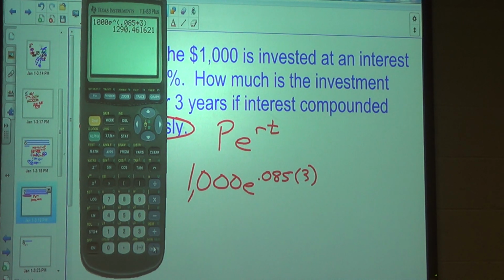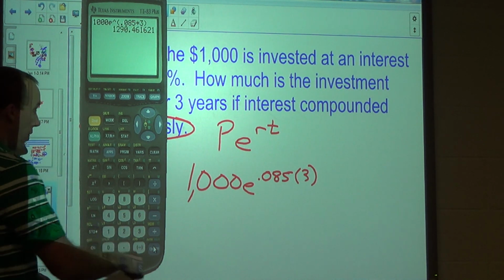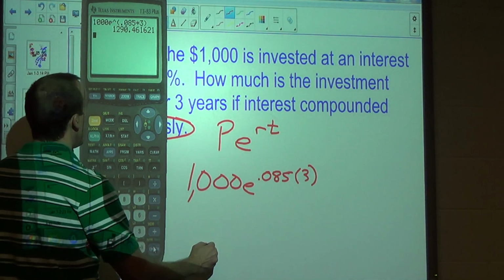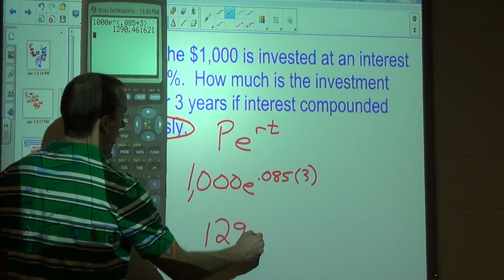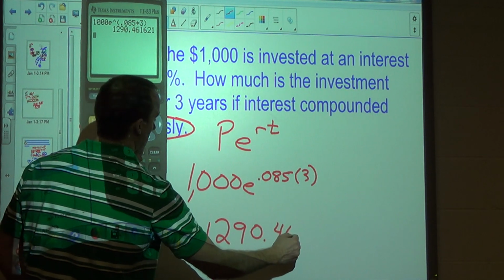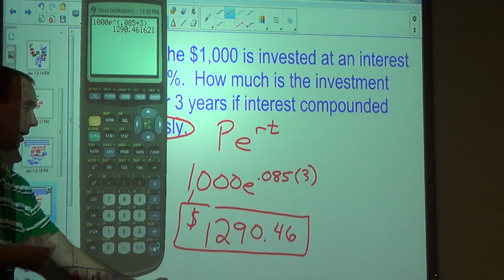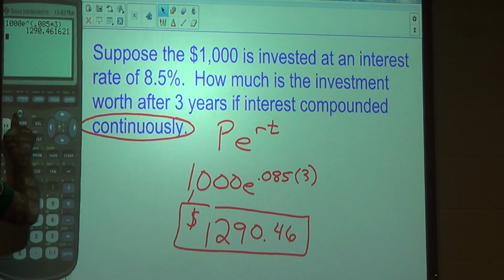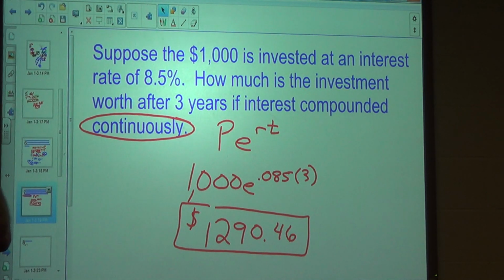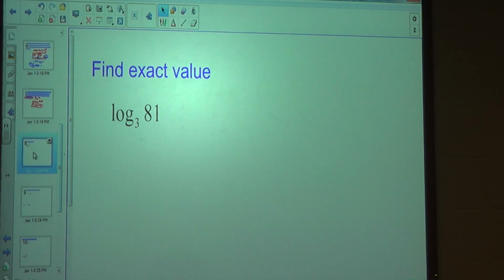And so $1,290.46. And that would be my value for that one. Questions on that? Alright, next one.